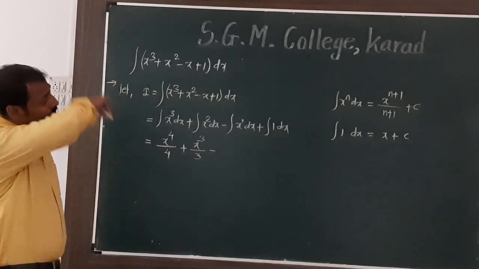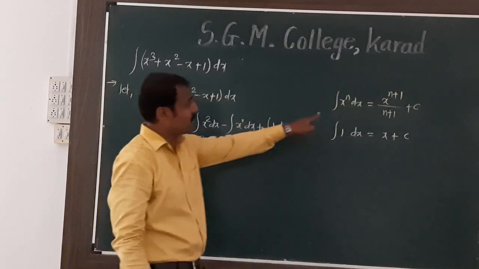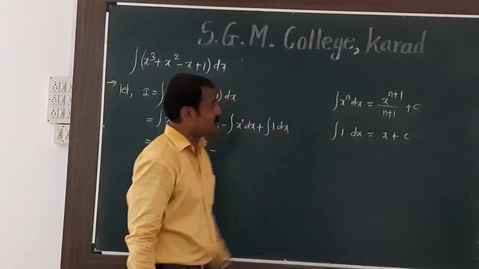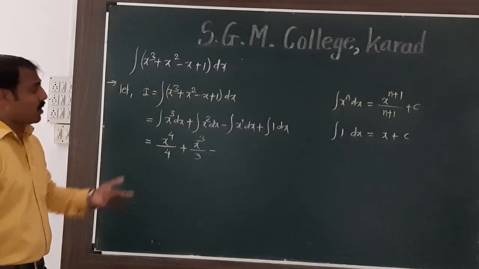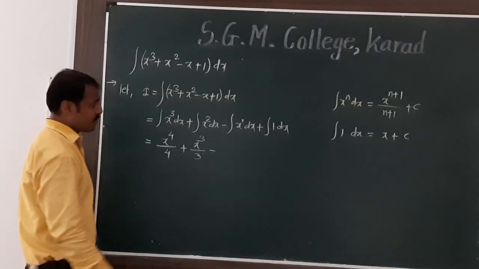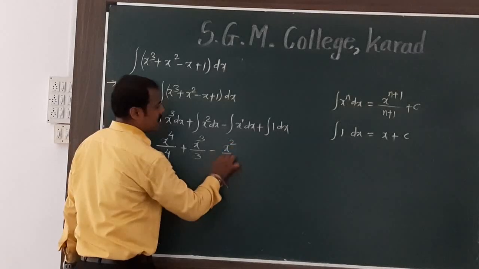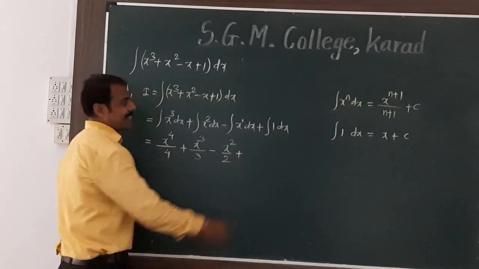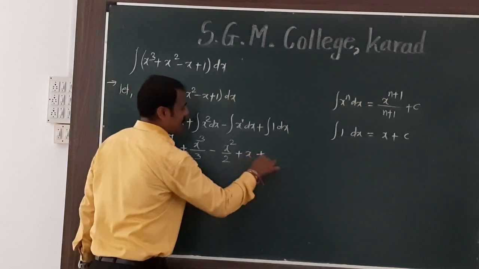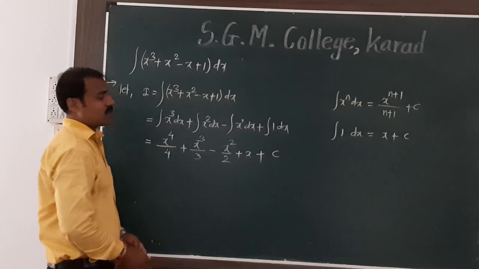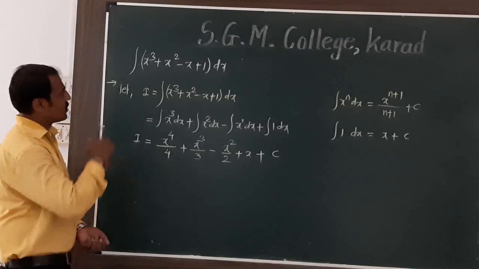X, base is variable x and power is constant, so we use integration of x raised to n dx is equal to x raised to n plus 1 divided by n plus 1 plus c. Add power by 1 and divide by the same power. So integration of x raised to 1 is x raised to 2 divided by 2, plus integration of 1. We know the integration of 1 is x plus, I can write the constant of integration c. So it is the solution of the given question.